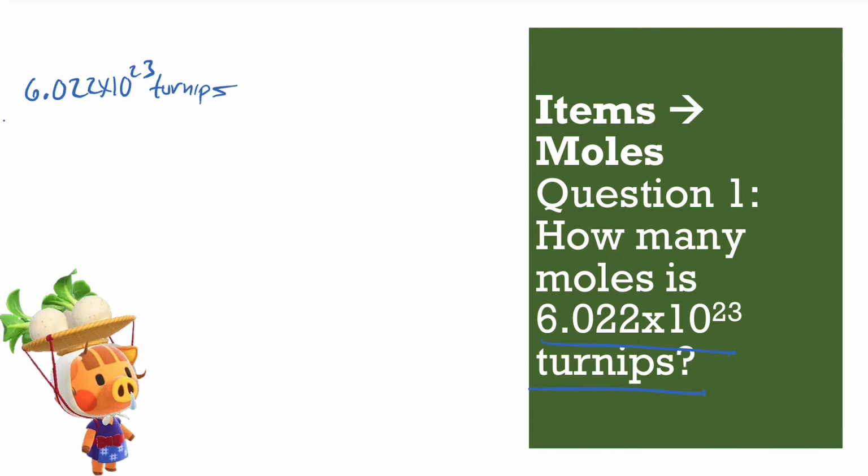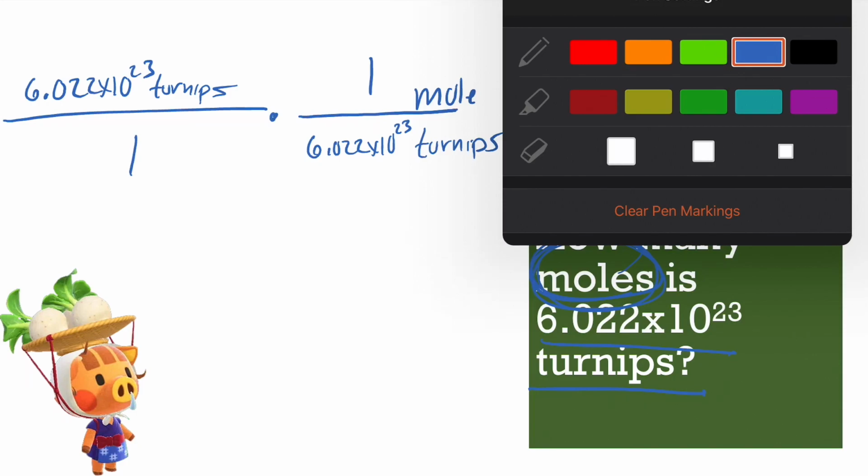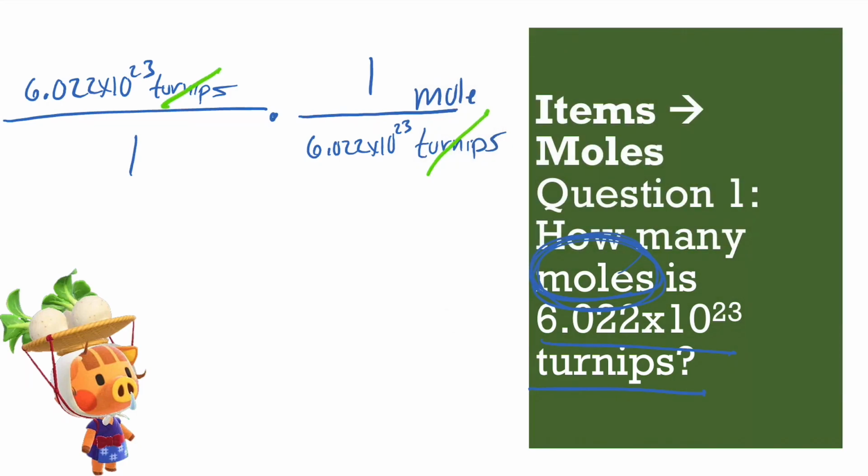That is your given. What do you do with your given? You put it over 1. Now you want turnips to cancel, so you put turnips, that is your unit, on the bottom, and we're looking for moles. So we know that 1 mole is 6.022 times 10 to the 23 turnips. And so turnips cancel.